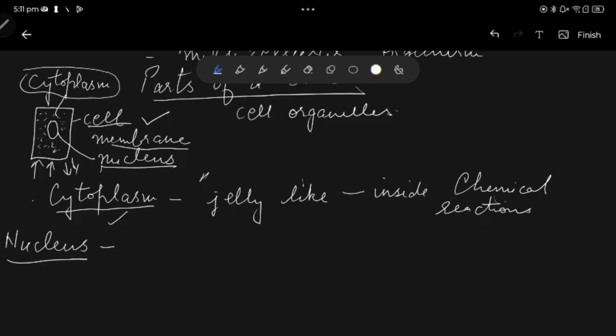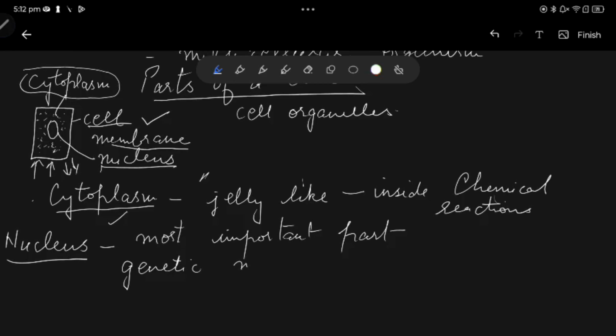This is the most important part of a cell, because it contains the genetic material, mainly in the form of DNA. The full form of DNA is deoxyribonucleic acid, which you'll study in higher classes.